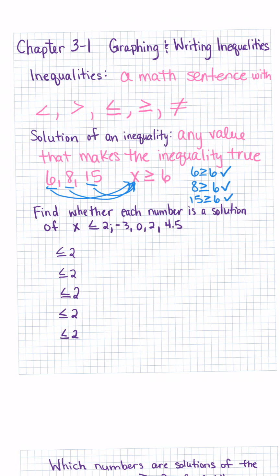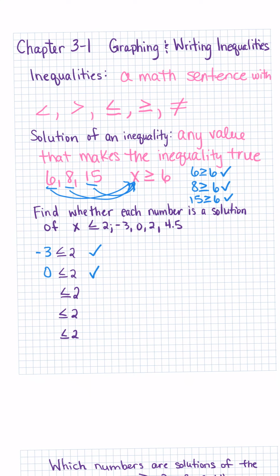So let's look at this next one. Find whether each number is a solution of x is less than or equal to 2. So if we put -3 in here, -3 is smaller than 2. That's true. 0 is smaller than 2.